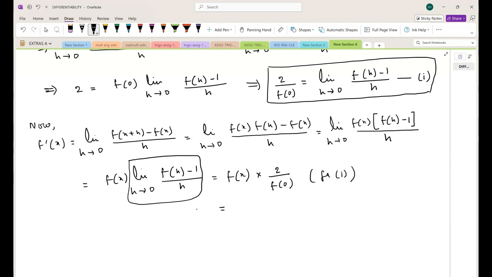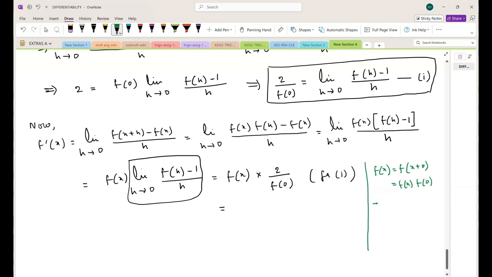Let us see what is the value of f0 separately. Let us see here what is f0, because in the sum you see f0 is not given, right? So any fx can be written as f of x plus 0, that is fx into f0, right?